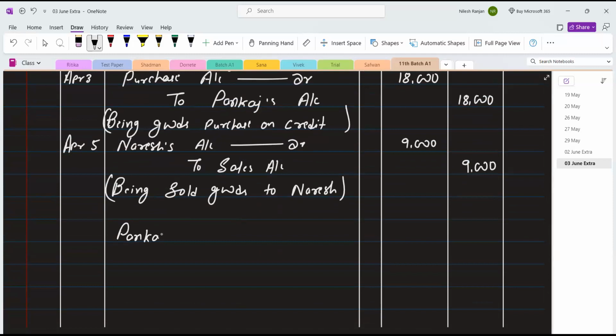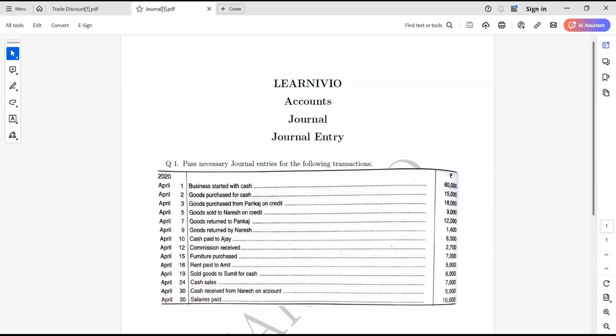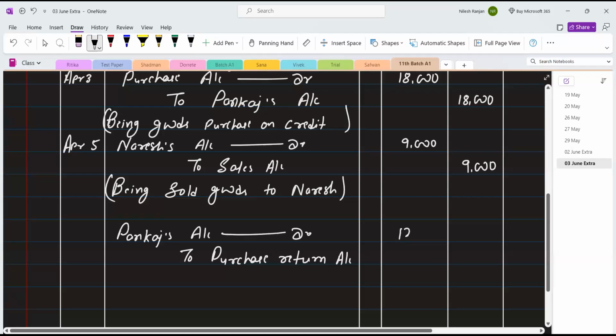So it will be Pankaj account debit to purchase return account, because it is a return. Now the amount is 12,000, so we will write 12,000 here.